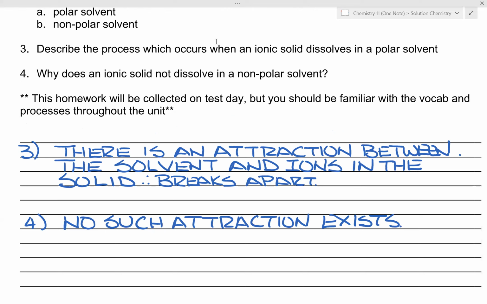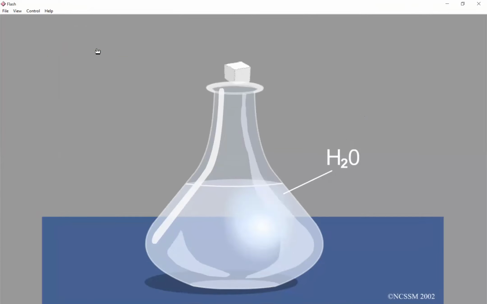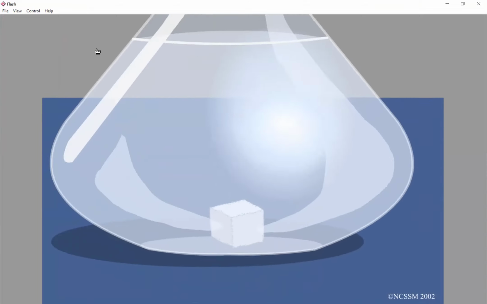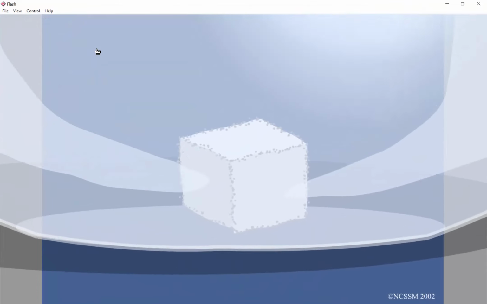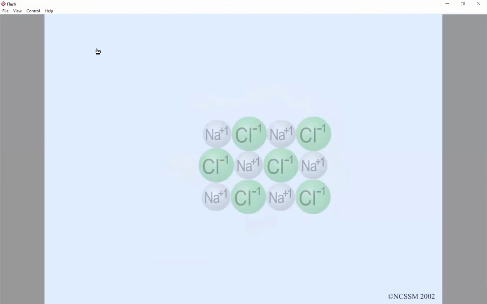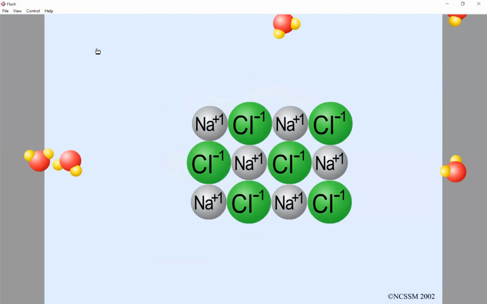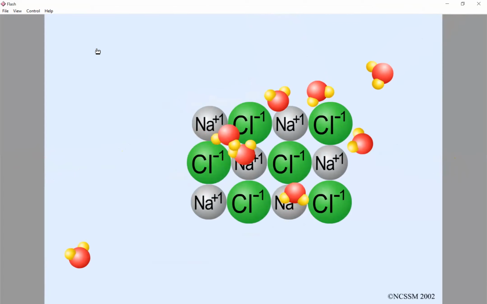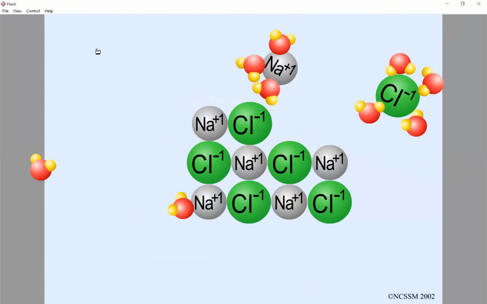Now, if I were to share a different screen, just to show you what I mean by the attraction. So let's say we had salt, NaCl. Now, NaCl is an ionic solid, and it has ions in it, your positive ions and the negative ions, and notice the spheres are the water molecules.